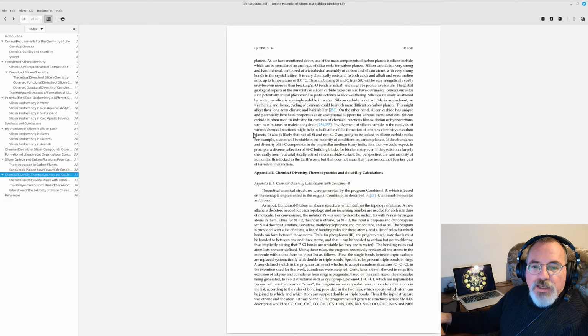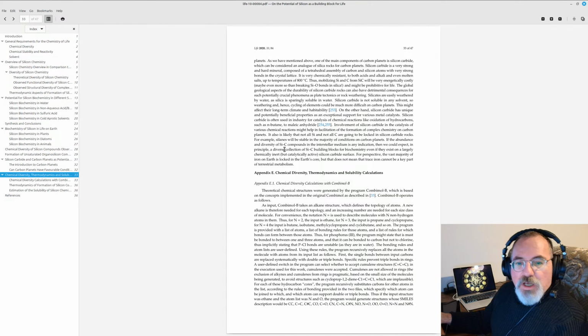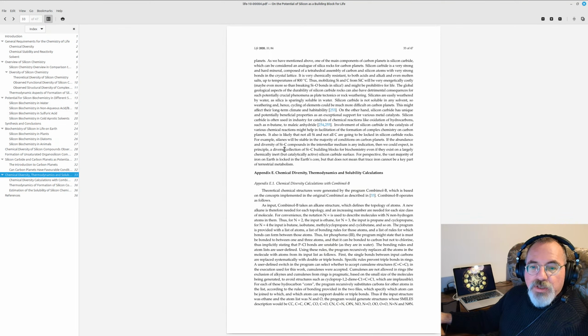It is also likely that not all silicon and not all carbon are going to be locked in silicon carbide rocks. For example, silanes will be stable in the majority of conditions on carbon planets. If the abundance and diversity of silicon-carbon compounds in the interstellar medium is any indication, then we could expect in principle a diverse collection of silicon-carbon building blocks for biochemistry, even if they exist on a largely chemically inert but catalytically active silicon carbide surface.